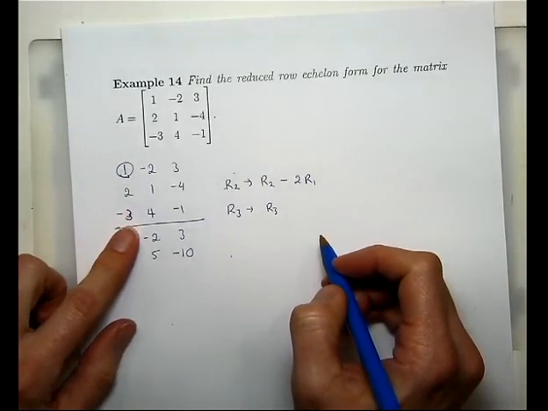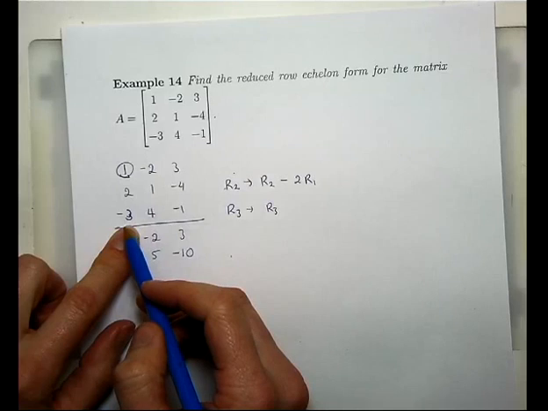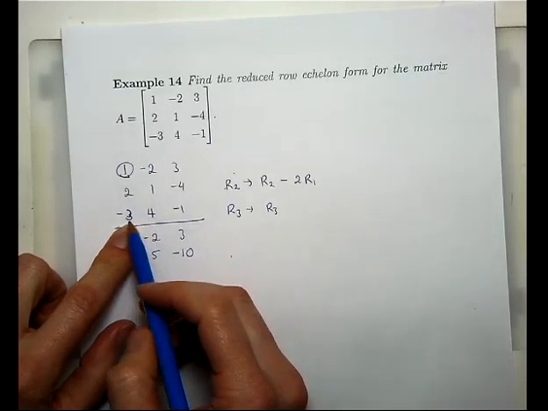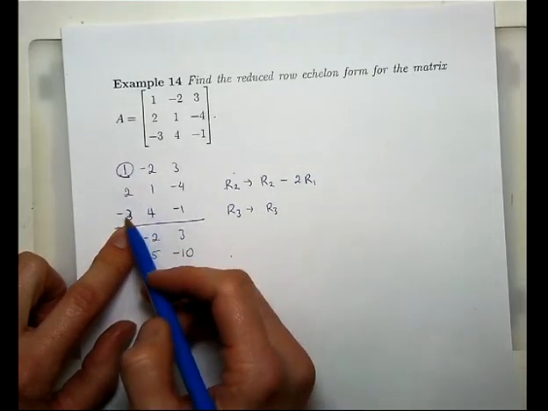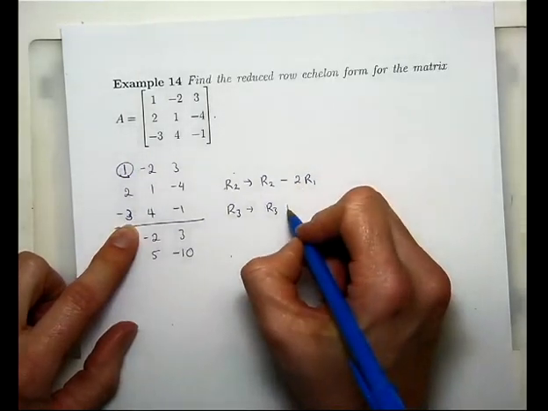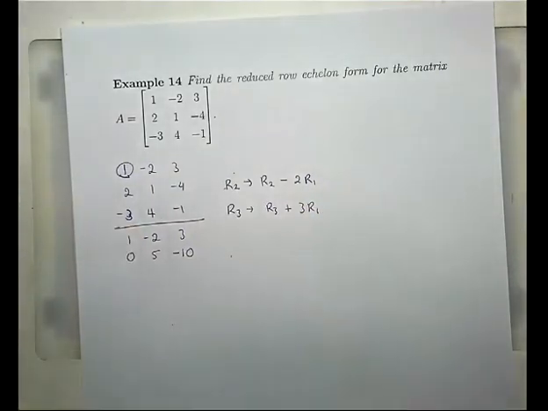Okay, this one here, I've got a minus 3 here. To turn this thing into a 0, I would want to add 3, so minus 3 plus 3 makes 0. And if I'm using this one here, I'd want to add 3 of those. Okay, so minus 3 plus 3 plus 3 of those row 1s is going to give me a 0 there.